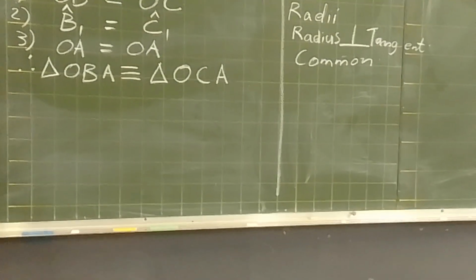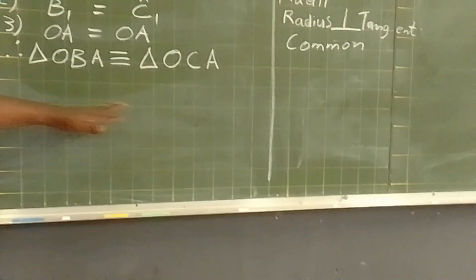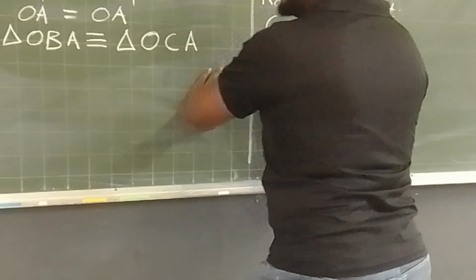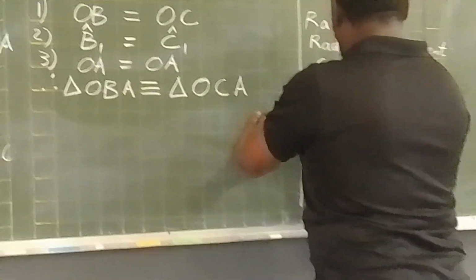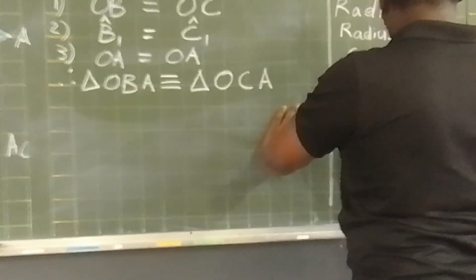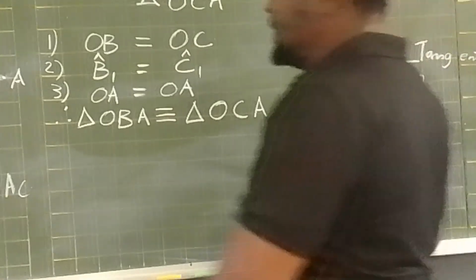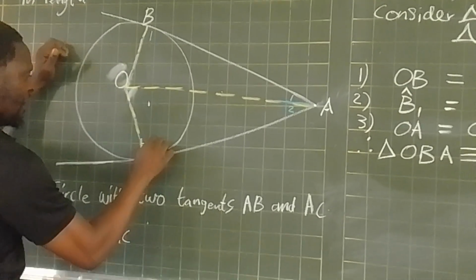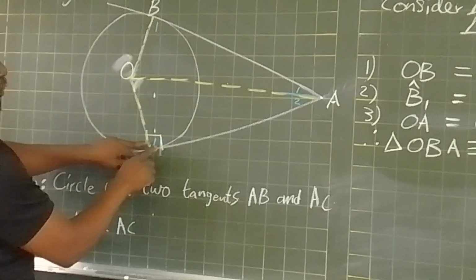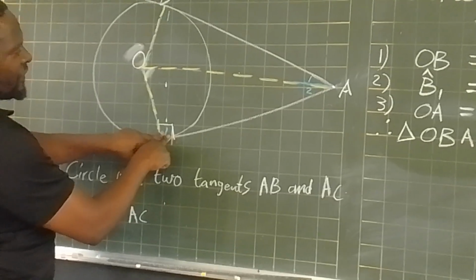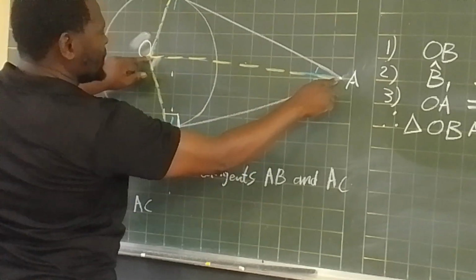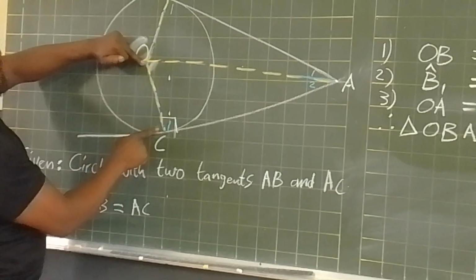Why is that? The reason is because you've done this in grade 8 and 9: right angle, hypotenuse, side. This is the right angle. The opposite side of this right angle is the hypotenuse, and the side.